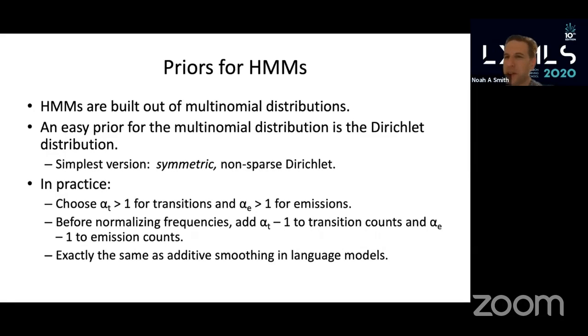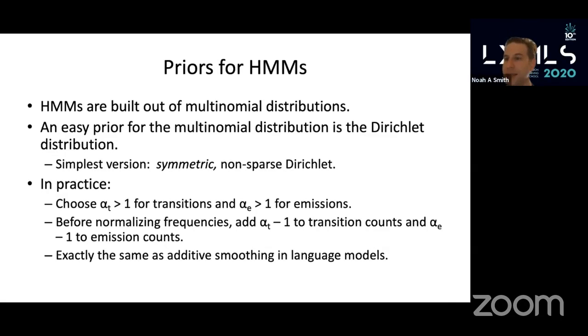There's a little bit of history around why we subtract 1 first, and this is really just so that the notation in my slides matches what you'll see in a textbook if you go read up on Dirichlets, which I hope you'll do. But really what this means in practice is we're adding some fixed positive value to every transition or emission count. We're also adding the sum of all of these to the denominator, so things will sum to 1, and we renormalize as usual.